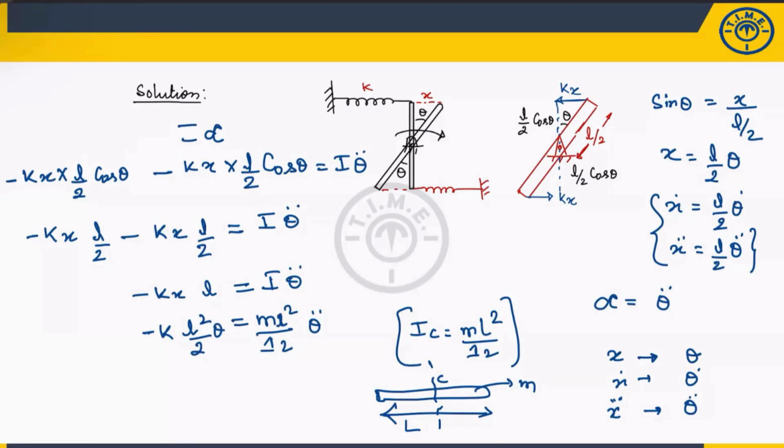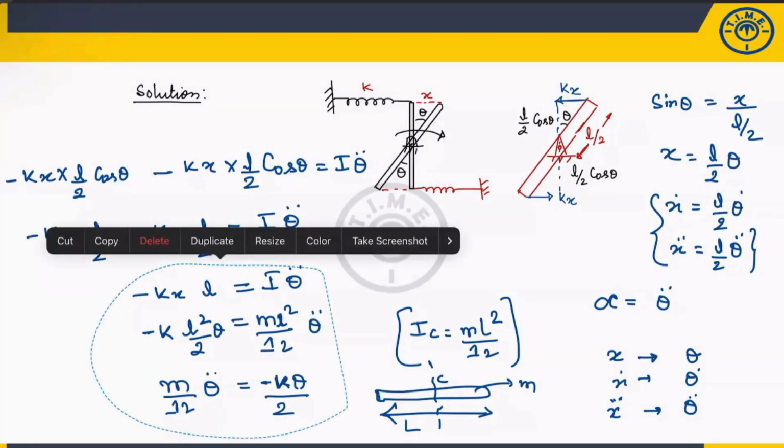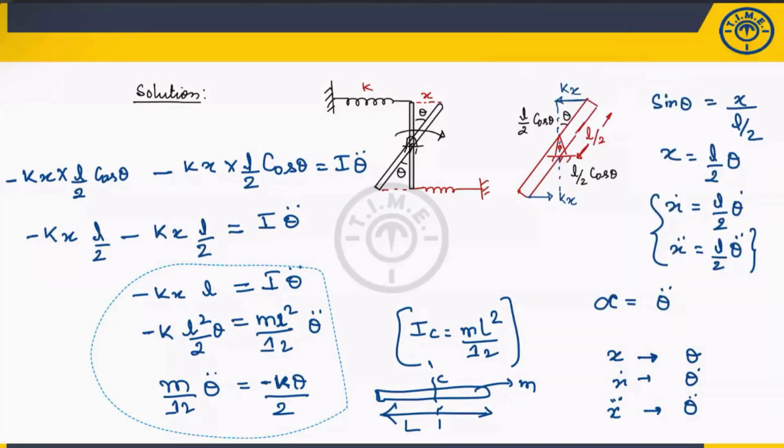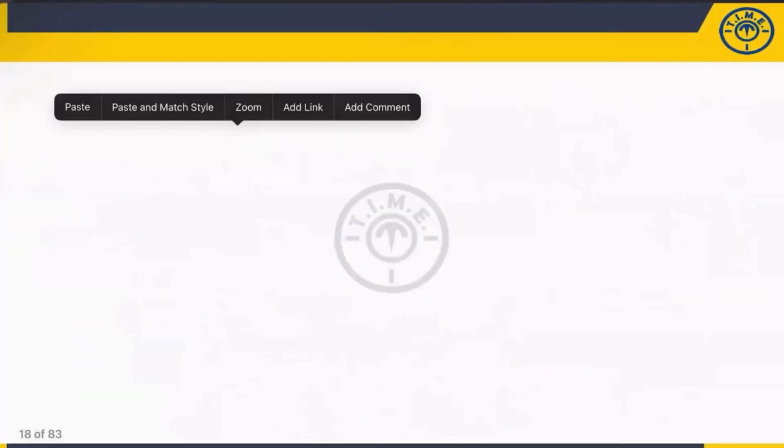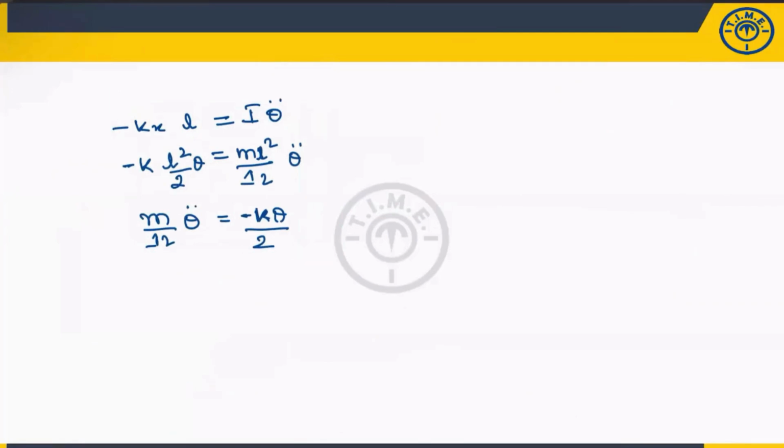So you will get the equation m by 12 theta double dot is equal to minus k theta divided by 2. Now can I write theta double dot is equal to minus 6k by m into theta.